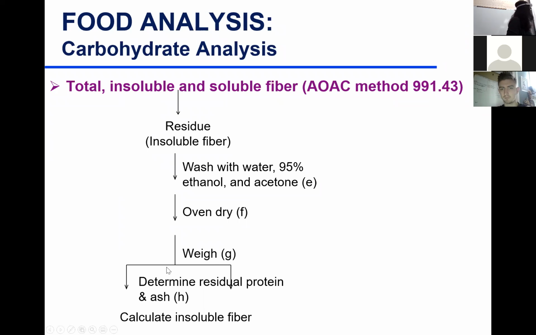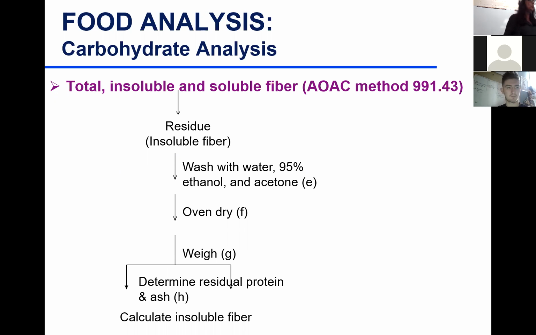After I take the weight, I determine ash and protein in a sample. Then I subtract the amount of ash and the amount of protein from my original weight, and the final mass I get is the insoluble dietary fiber.